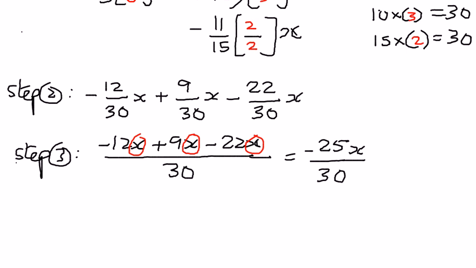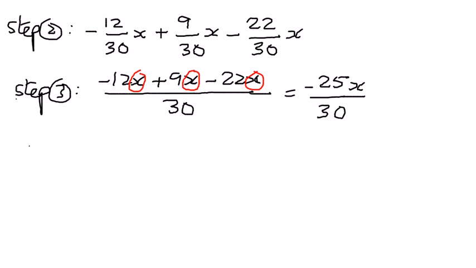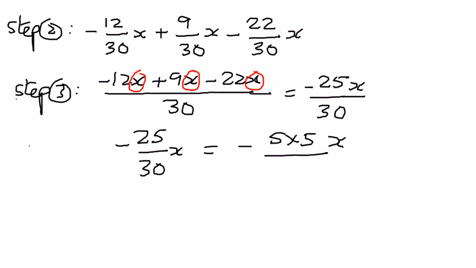We also know we can simplify. We know that 25 and 30 are multiples of a base number, which is 5. We can simplify that some more, and the way to do that is as follows. Negative 25x divided by 30. We can write this as negative 5 times 5x divided by 5 times 6.